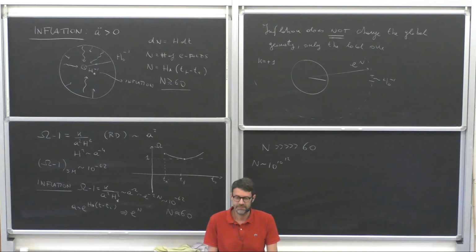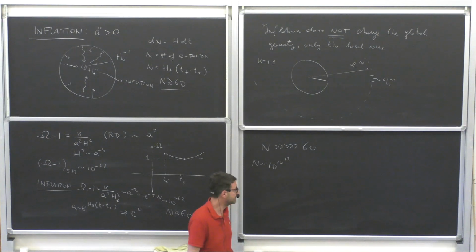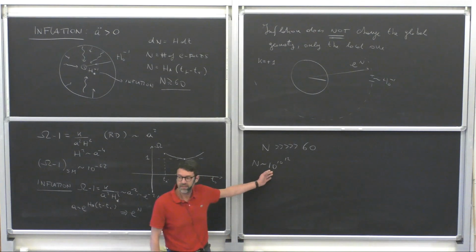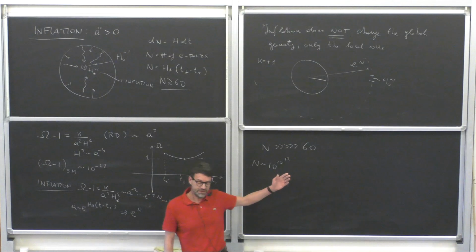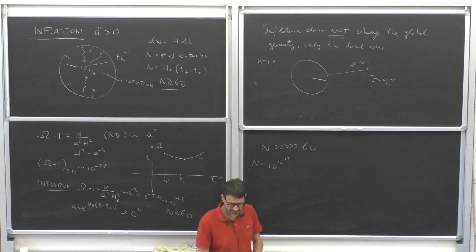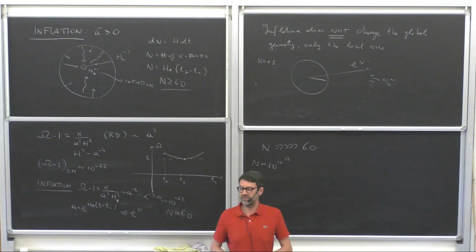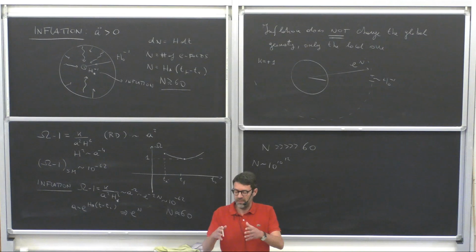Way higher, yes. That's exactly the point. No, there is not. In fact, as I said, in the simplest model, you get this number. But then, of course, there is also another concept that I won't talk about, which is the idea of eternal inflation, the fact that in some regions, inflation never stops.